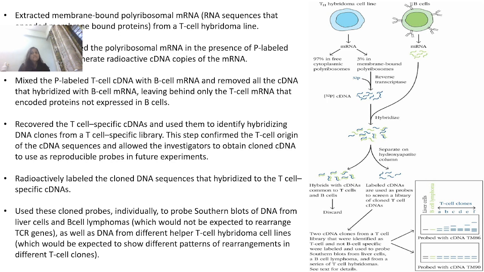From the 3%, they reverse transcribed into cDNA. Reverse transcription means from mRNA, you will get the DNA. Normally we know that from DNA we get the mRNA by transcription, then by translation we get the protein from the mRNA. But here, you can reverse transcribe and form the cDNA.